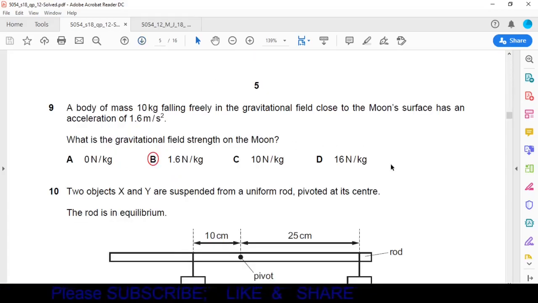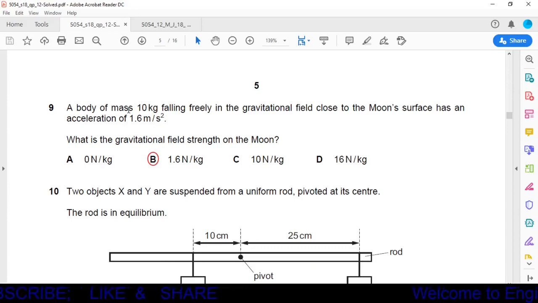Question number 9. A body of mass 10 kg falling freely in the gravitational field close to the moon's surface has an acceleration of 1.6 meter per second square. What is the gravitational field strength on the moon? Okay, here it is given acceleration of free fall on the moon surface is 1.6 meter per second square.